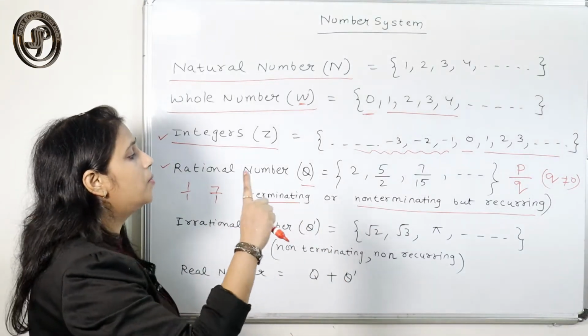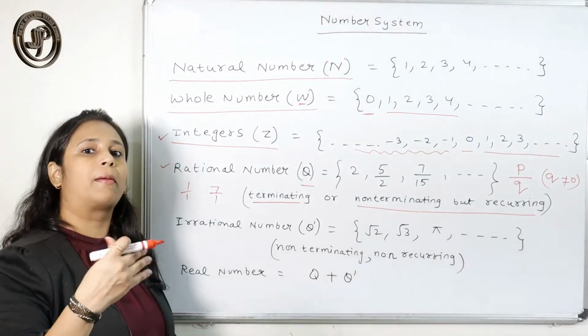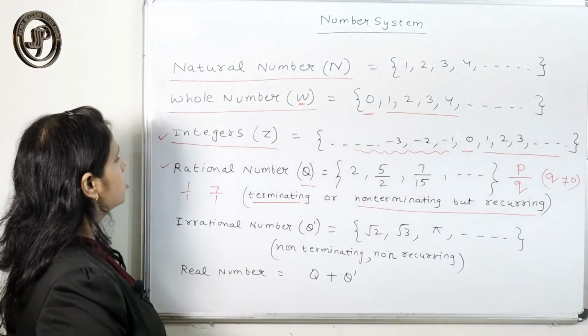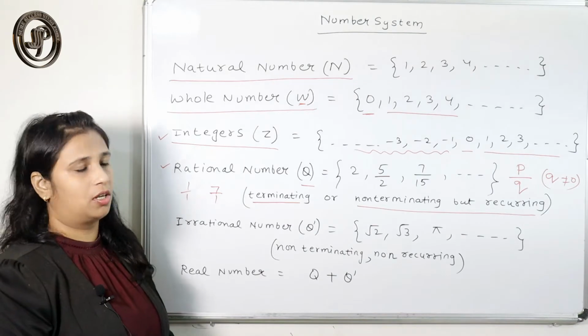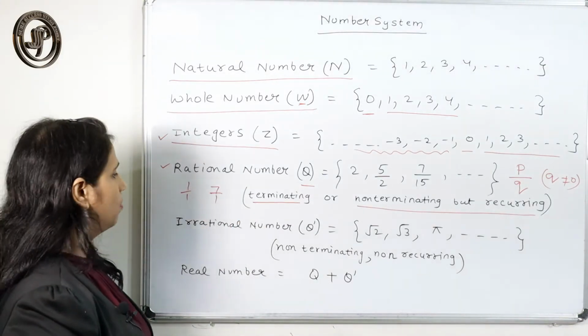Or if it comes out non-terminating but recurring, meaning the number repeats itself, then it is also called a rational number. So that is another definition of rational number.